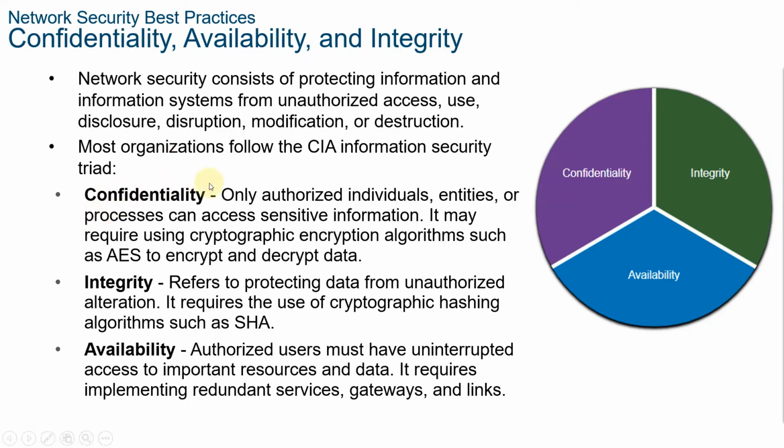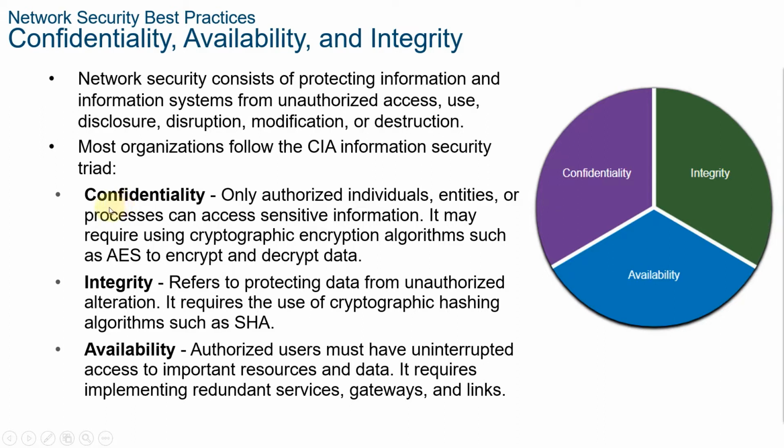Now, network security consists of protecting information and information systems from unauthorized access, use, disclosure, disruption, modification, or destruction. Most organizations follow the CIA information security triad, or confidentiality, integrity, and availability.